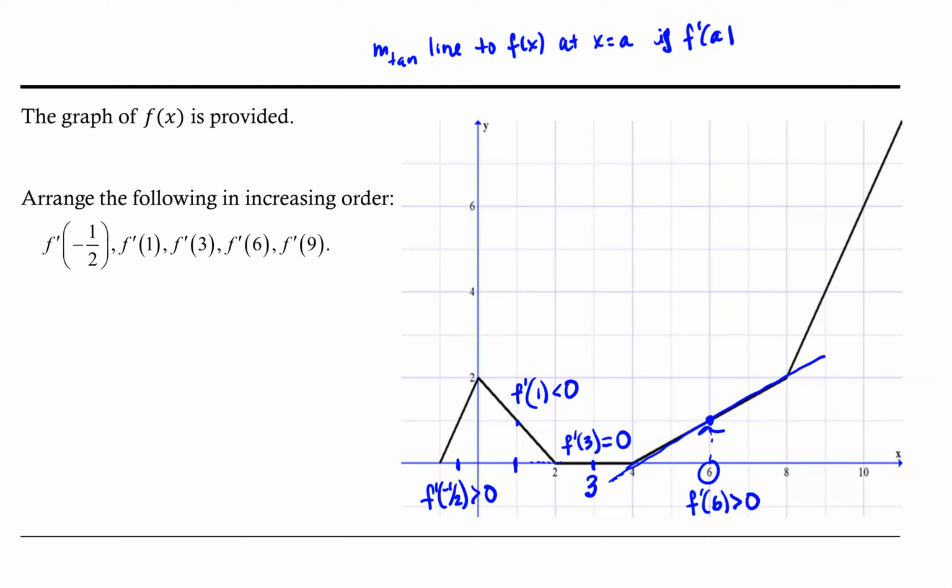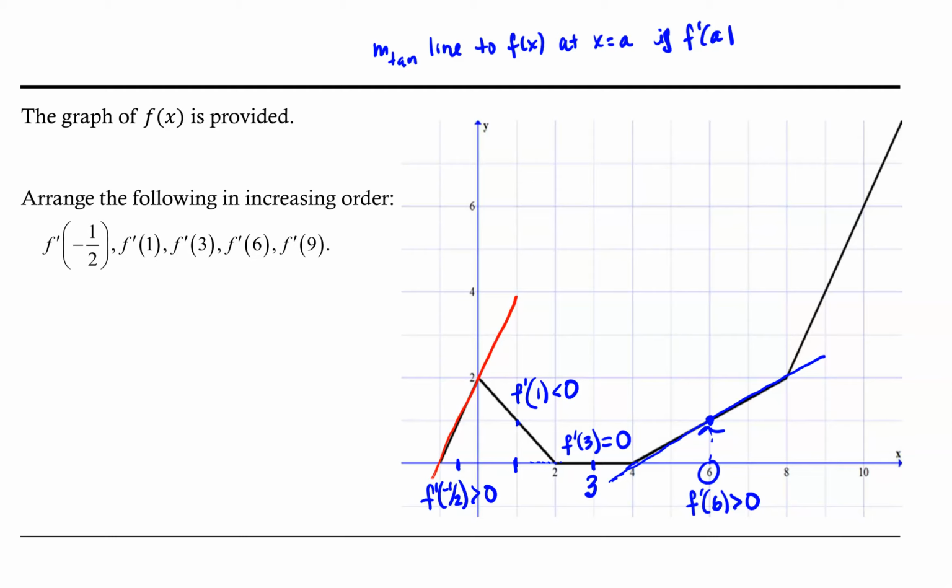So recall, f prime at negative 1/2, the derivative would be the slope of that line, and f prime at 6, the slope of the tangent line at 6, would be this line. So which slope is greater?